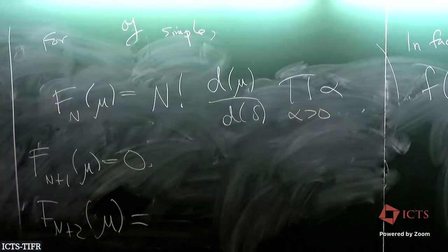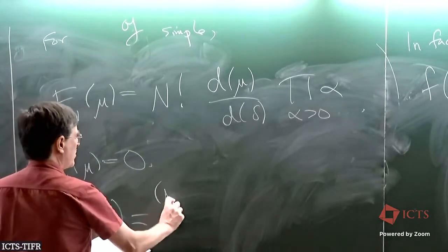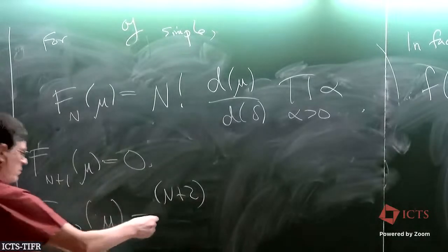Okay, now Fn plus 2 of mu. Then again, there's just one dimension of a quadratic W invariant polynomial, and that's basically the norm, the sum of the squares of things. To be more precise, let me just give you the whole formula for Fn plus 2.